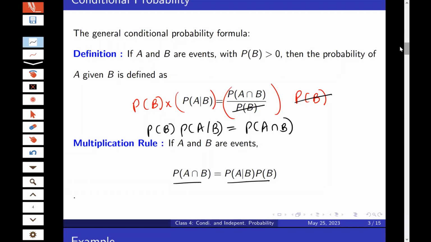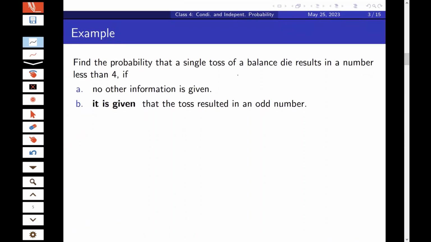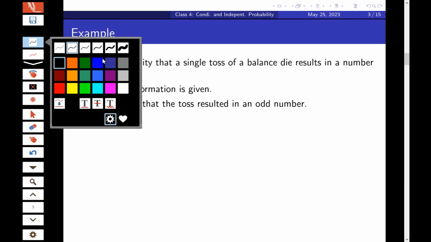Okay, so now let's do an example to understand these concepts. Let's see the first one. Find the probability that a single toss of a balanced die results in a number less than 4 if no other information is given, and in part B, if it is given that the toss results in an odd number. Okay, so let's do part A first.